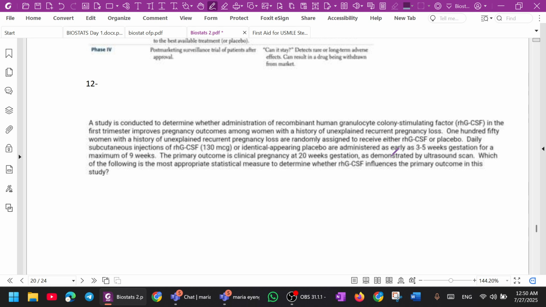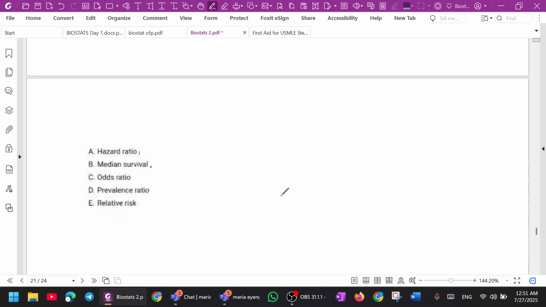Read here. Okay, they said straight randomly assigned. Got it. I have to see each and every word. So if we just look at this, it is randomly assigned, then RR, relative risk, is the measurement of association, MOA. Okay, now I got it.